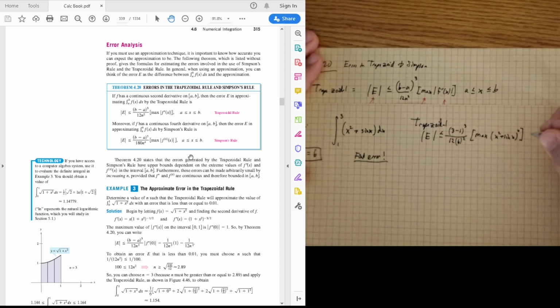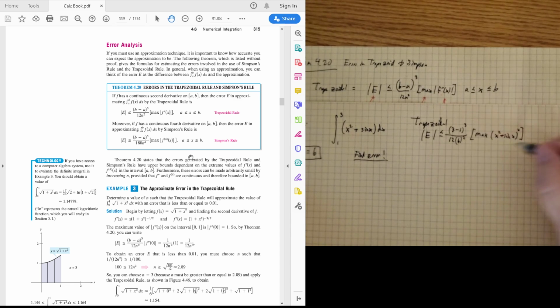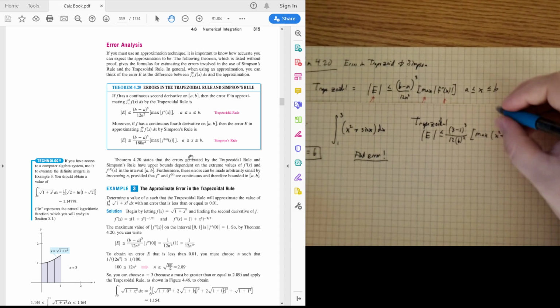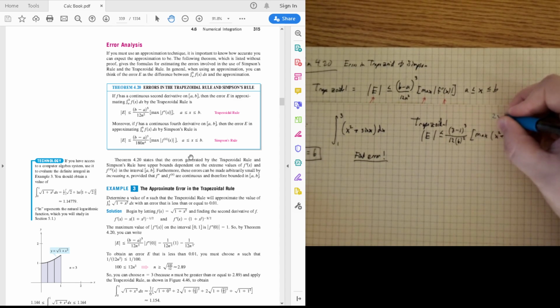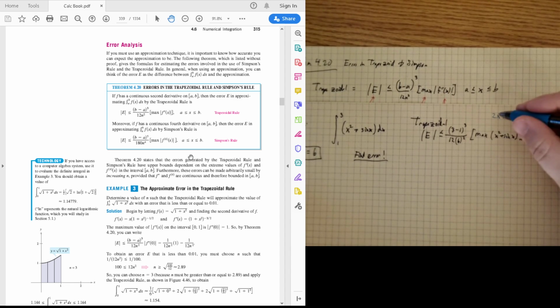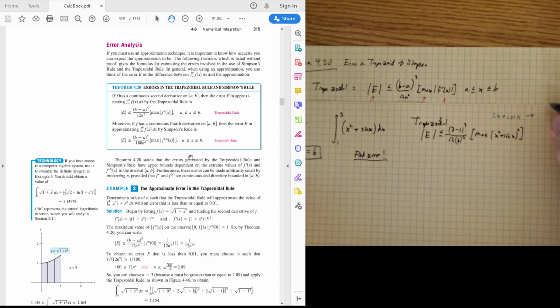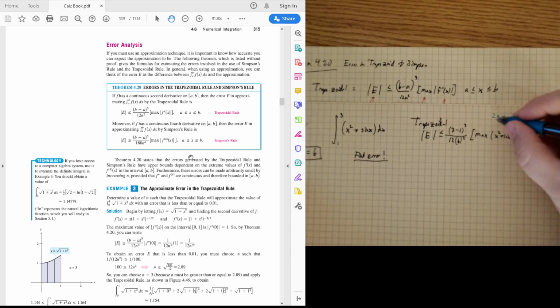Now this part I'm going to do separately, up here in this corner. The first derivative would be 2x plus cosine x. Remember, the derivative of x squared is 2x, derivative of sine is cosine. And the second derivative would be 2, because the derivative of 2x is just 2, and the derivative of cosine is negative sine.